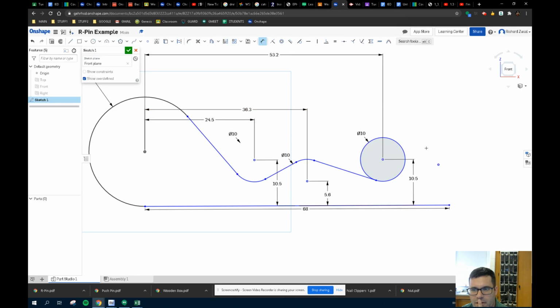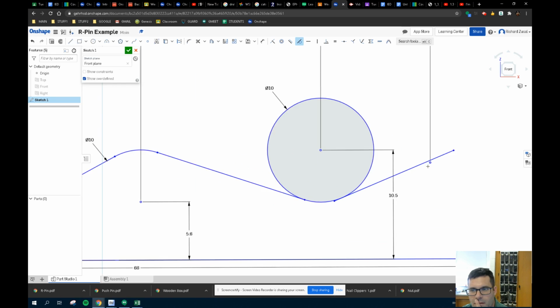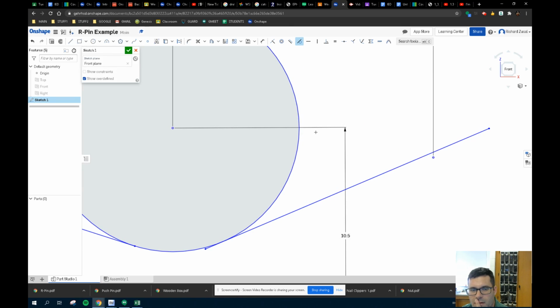63.5 from there. And then we know that it needs to be on a line that is tangent to this line. Okay, so let's trim that.